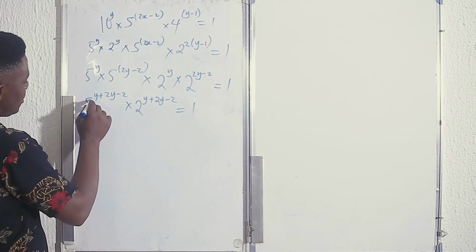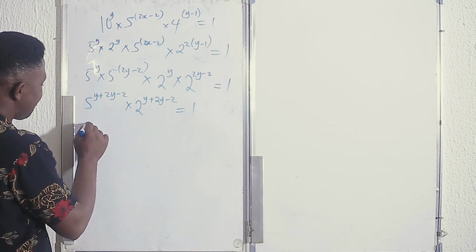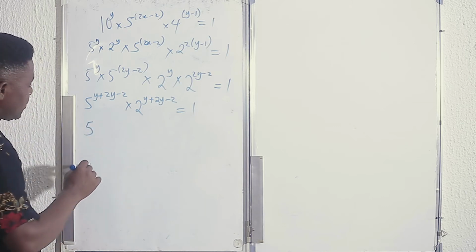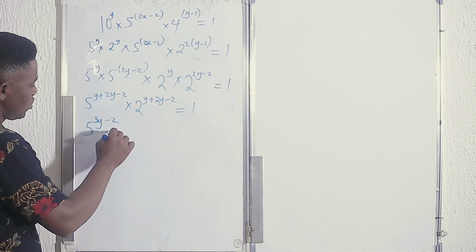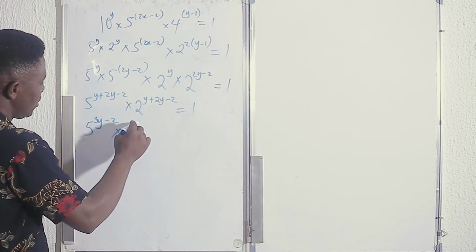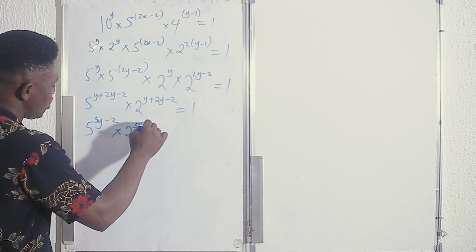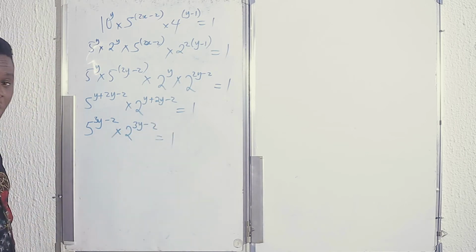Now, simplifying further, you will have 5 to the power 3y minus 2 times 2 to the power 3y minus 2, everything equal to 1.